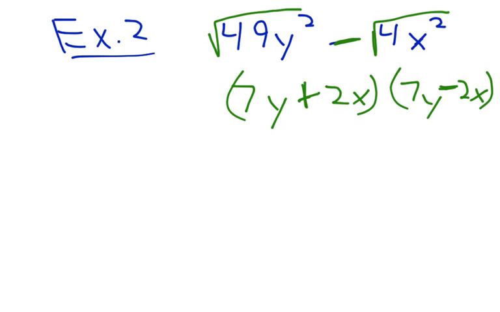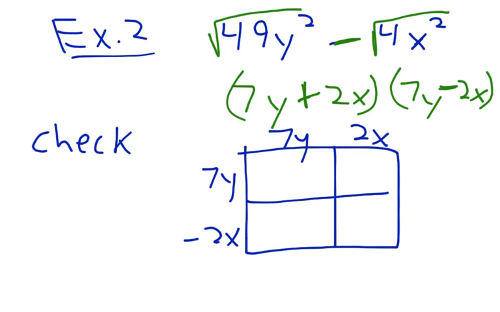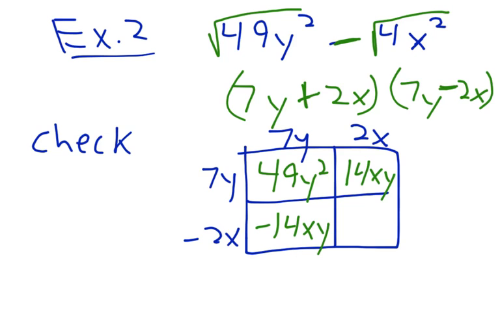Alright, and now just to check it, let's use the box method. And I do 7y times 7y, I get 49y squared. Negative 2x times 7y is negative 14xy. 7y times 2x is 14xy. And negative 2x times 2x is negative 4x squared.